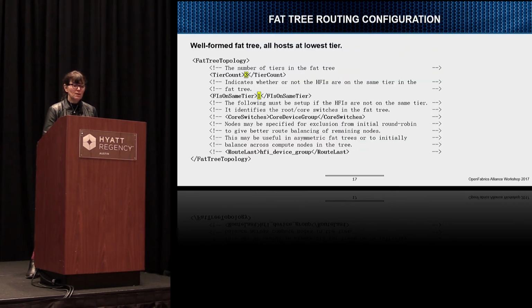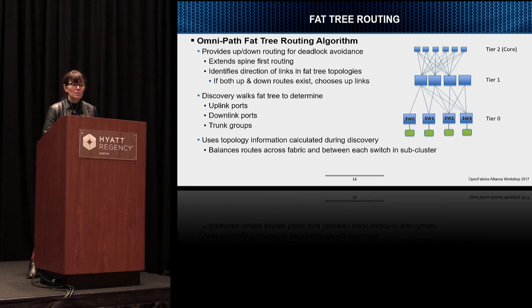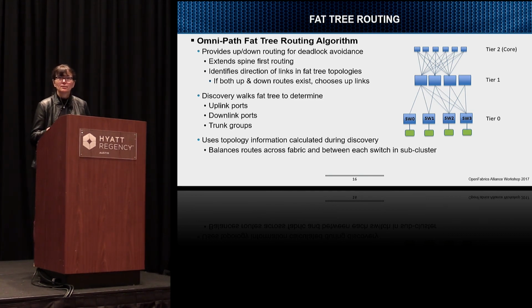If I was building a 3-level, I would use a fat tree. The spine first, defining something shortest path is an easy way to route fat trees. It is, right, and it's for device group routing, and it could be used for fat tree, but that also has up-down detection.